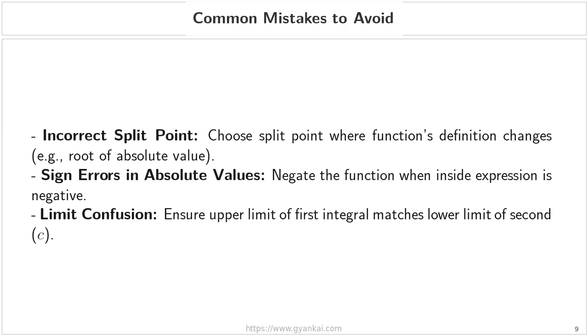Notice how the c appears in both integrals, linking them together. If those limits don't match up, you're not actually integrating over the correct intervals, and your answer will be off. So, keep these 3 points in mind as you practice. We'll wrap everything up on the next slide with a quick review of the key takeaways.